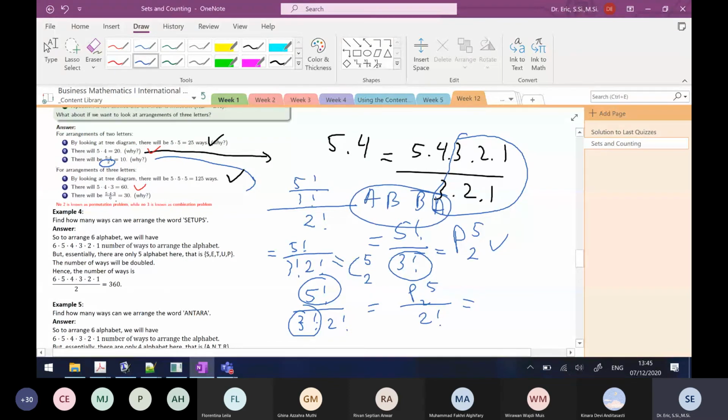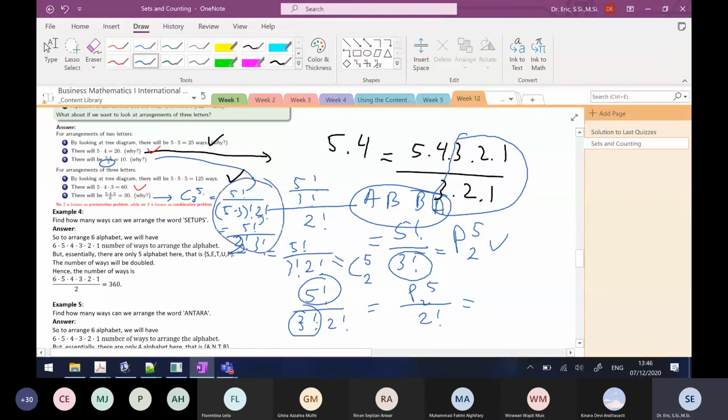That's why for number 3, where we want to find 3 letters and the order is irrelevant, this is combination 3 out of 5. What is this? 5 factorial divided by 5 minus 3 factorial, divided by 3 factorial. So you have 5 factorial divided by 2 factorial divided by 3 factorial.